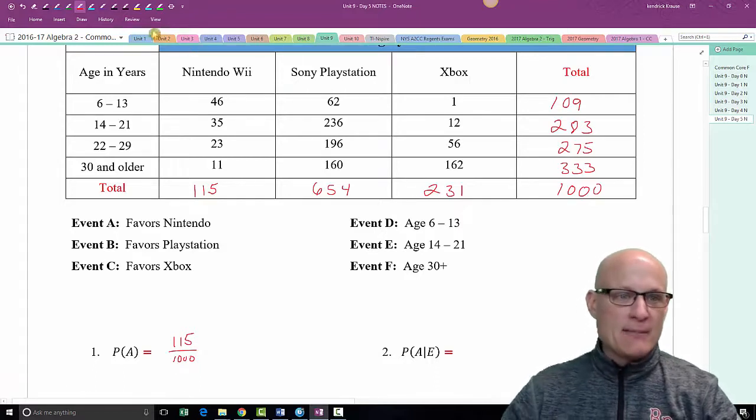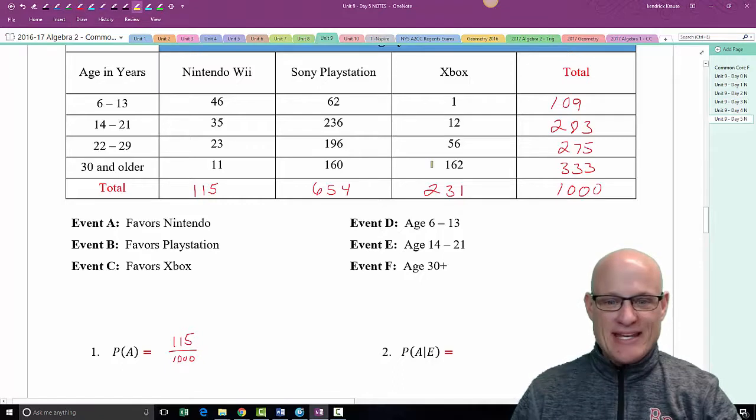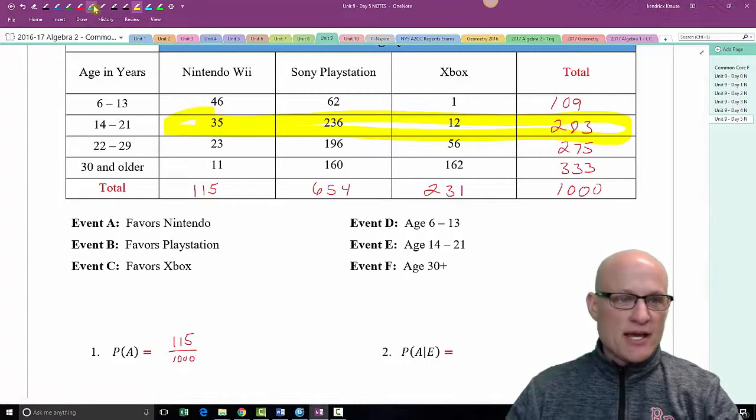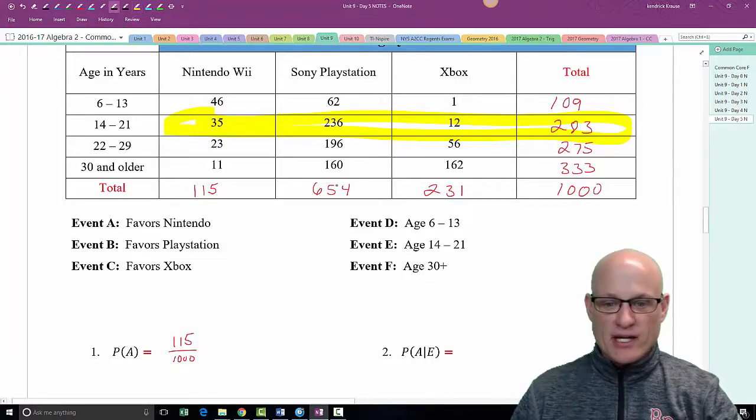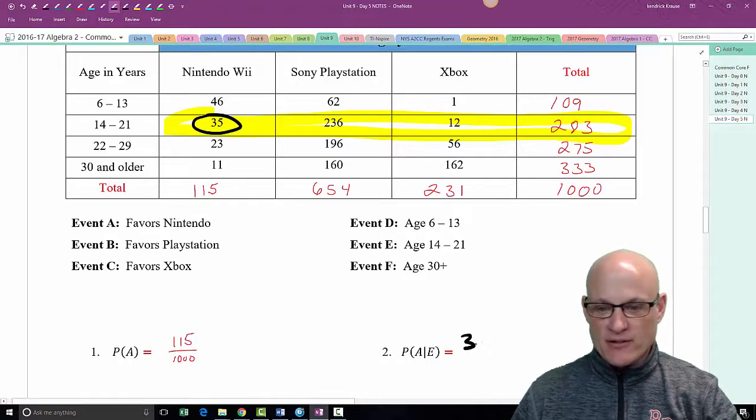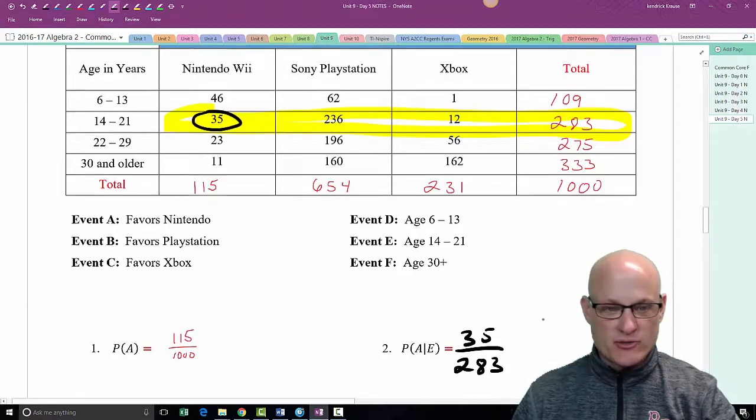Remember, I'm giving you E. E means you can only talk about 14 to 21-year-olds. Given that you have to be an E, how many of them are A? Oh, 35. So 35 out of 283, because remember, my universe is 283. Notice how the denominator changed.